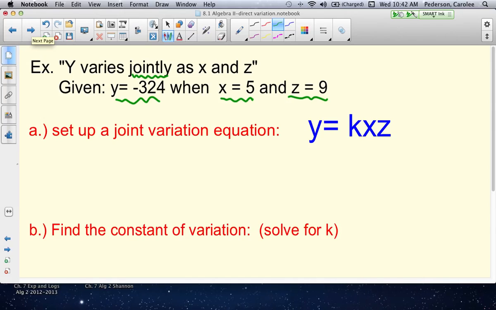So we're going to do the same thing as the last example. We're going to substitute in the y, the x, and the z. So we have a little bit of time to finish writing up what we have here on the smart board. Step 1 is identify what equation. In this case it's a joint variation, so it's this blue formula, and now we're going to put the pieces in.